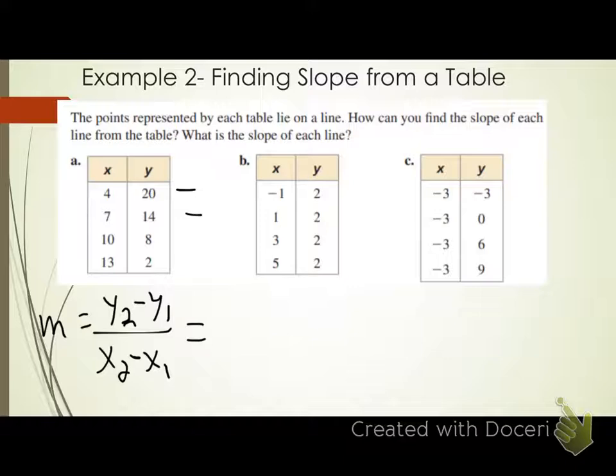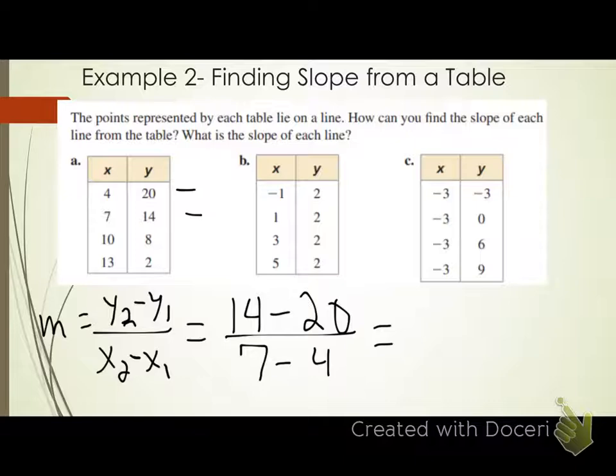So between my 2 points, what's my second y value? 14. Minus, what's my first y value? 20. Is everyone with me? What's my second x value? 7. Minus, what's my first x value? 4.